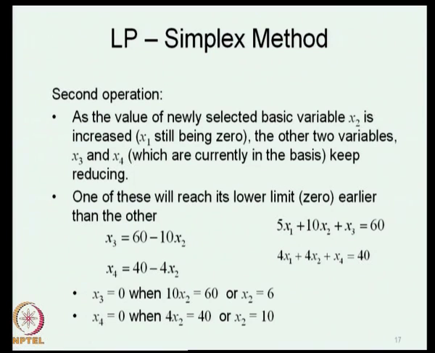So, the maximum value in this particular iteration that you can increase x2 to is 6, and that is decided by x3 becoming 0. You look at the variable in the current basis which becomes 0 first as the entering variable increases, and that is the variable that has to make way for the entering variable.